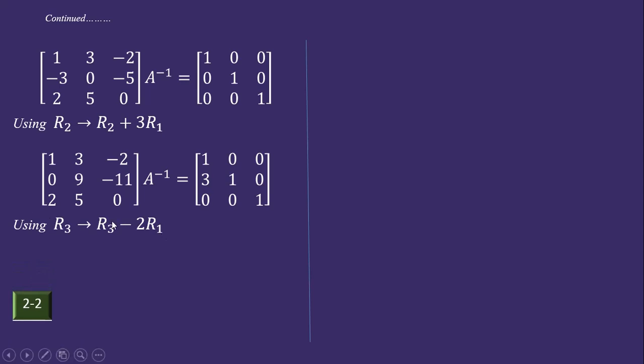So R3 minus twice R1: 2 minus 2 into 1, 2 minus 2, 5 minus 2 into 3, 5 minus 6, 0 minus 2 into minus 2, that is 0 plus 4. Now same transformation here, R3 minus 2 R1: 0 minus 2 into 1, we get 0 minus 2, 0 minus 2 into 0, 0 minus 0, 1 minus 2 into 0, 1 minus 0.